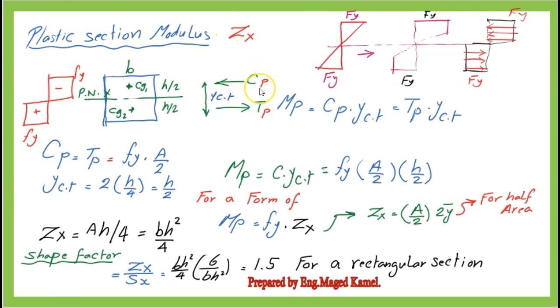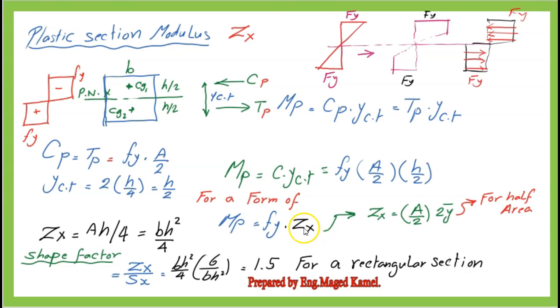Let us write the following information in an equation where C sub b equals T sub b equals F sub y times A over 2, y CT equals h over 2, and the plastic moment M sub p will be equal to F sub y times A over 2 times h over 2.